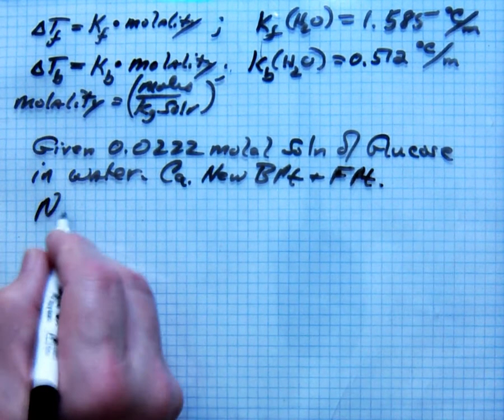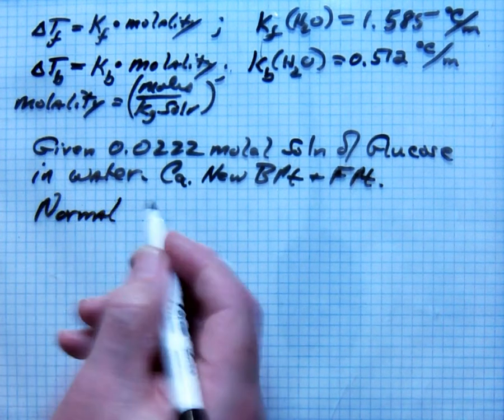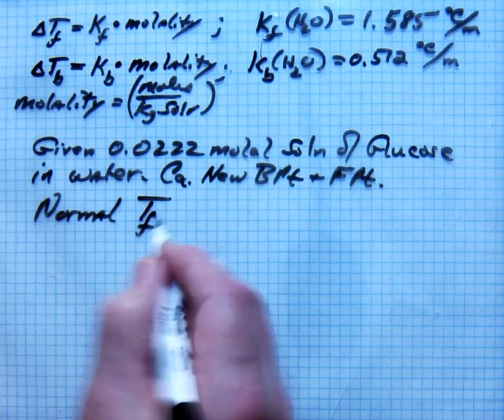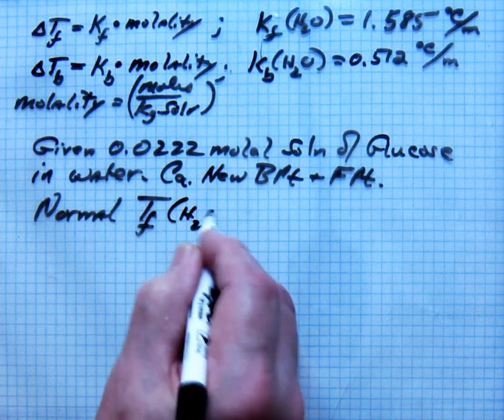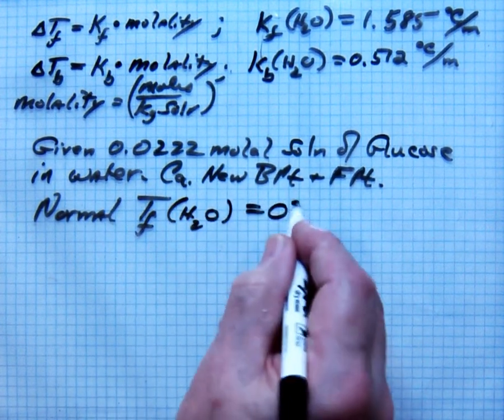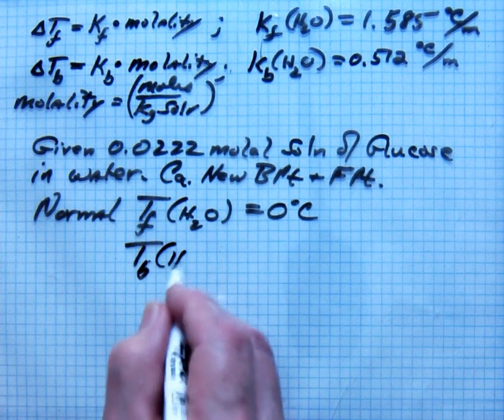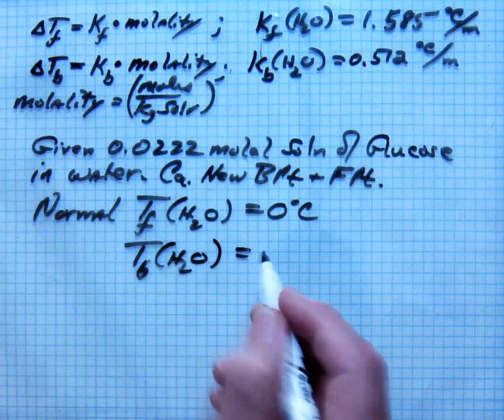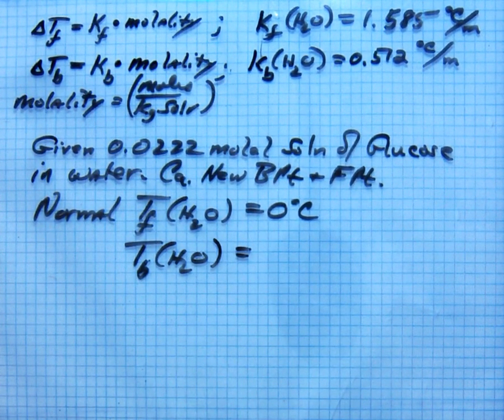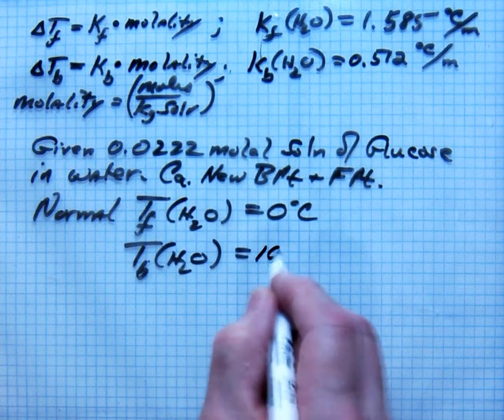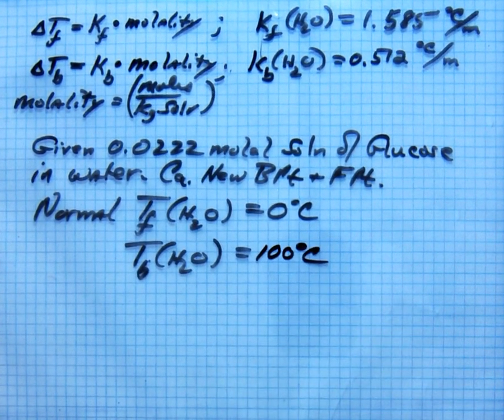Well, the normal freezing point for water is 0 degrees Celsius, and the normal boiling point of water is 100. So all we need to do is calculate those changes and add or subtract as the case may be. And so from 100 degrees C.